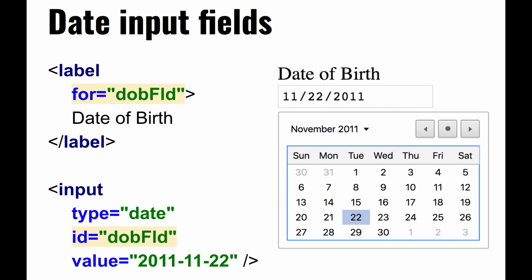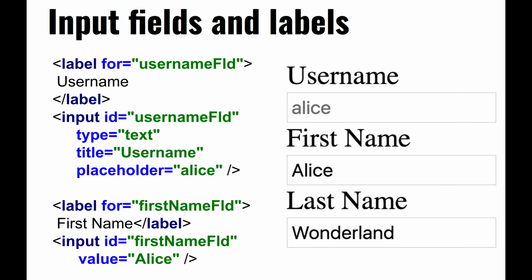Also notice the date standard that the elements have. And notice that there's a value attribute. The value attribute sets up the default value for an element. So for instance, if you want first name or last name or whatever to have a default value, you can use the value attribute and then whatever text you want.